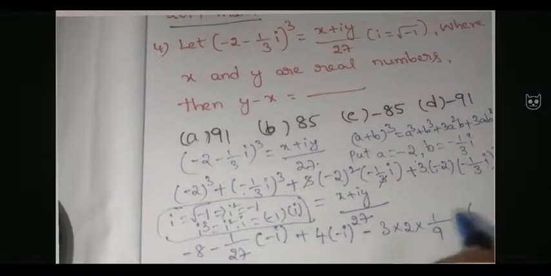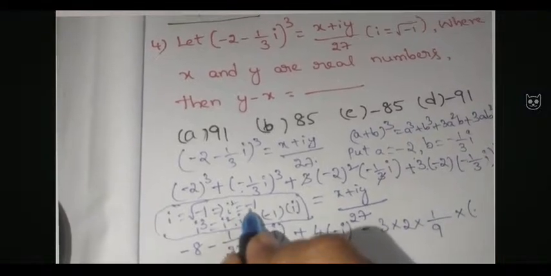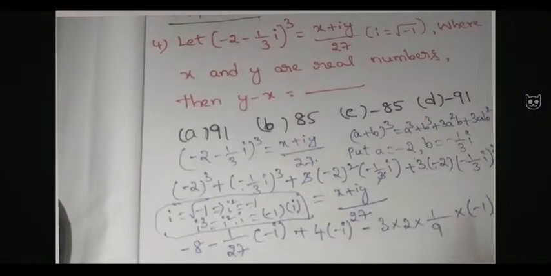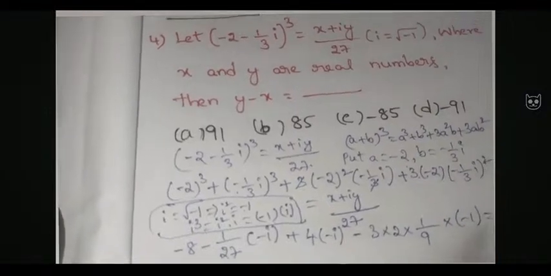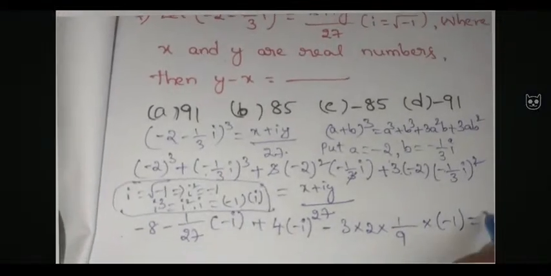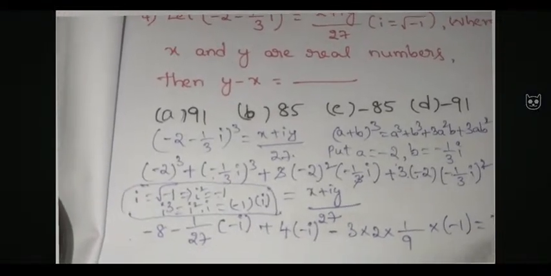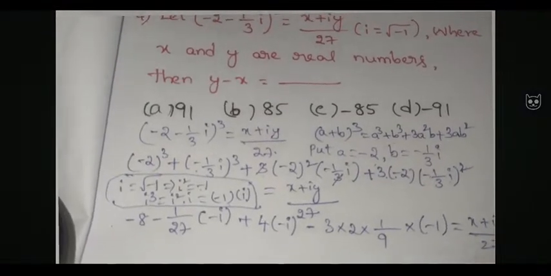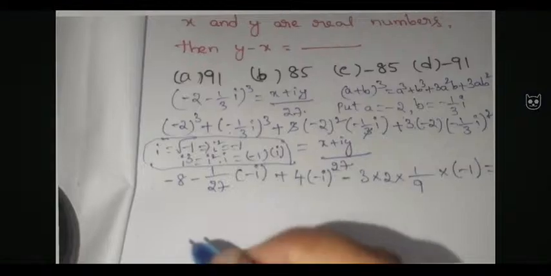The value of i square is minus 1, as we have seen. So that is over. That equals x plus iy by 27.